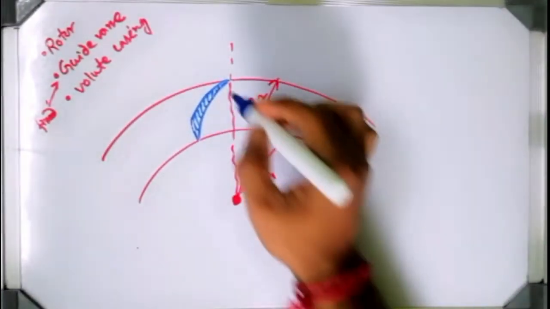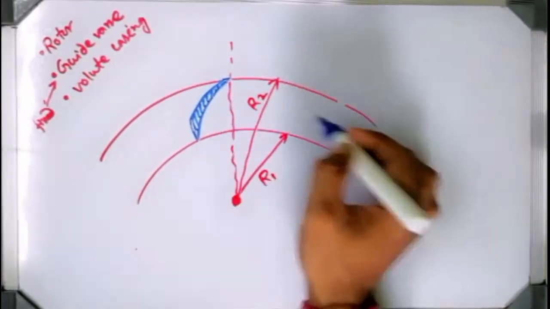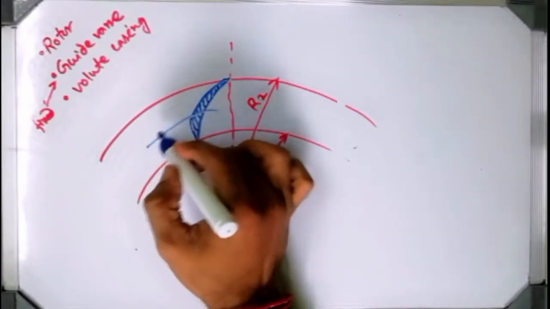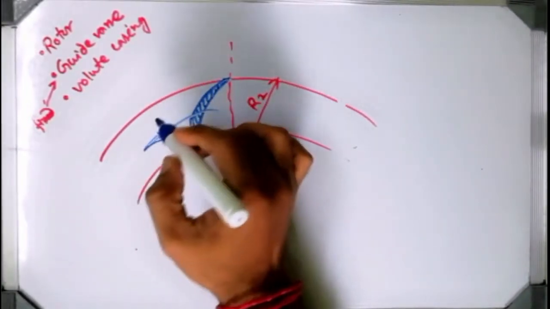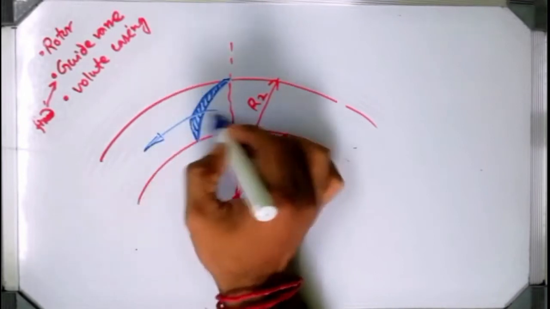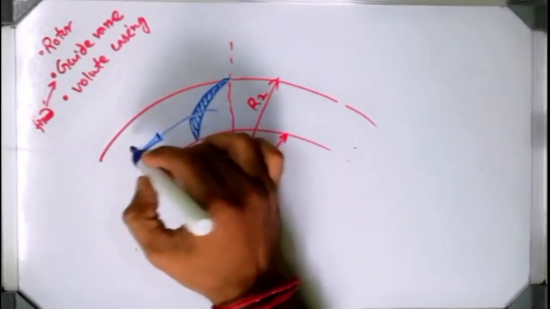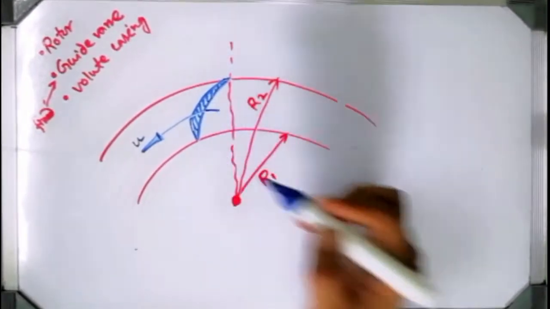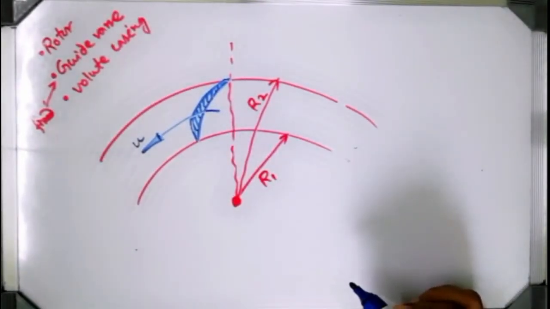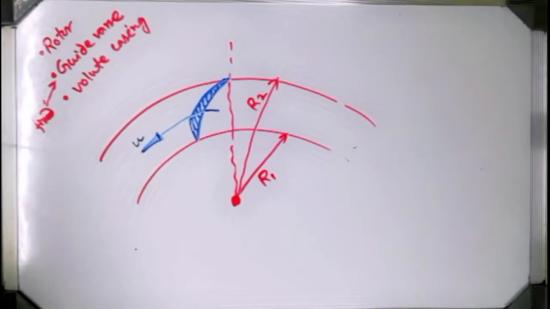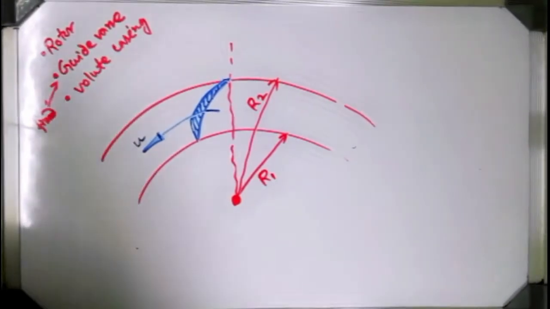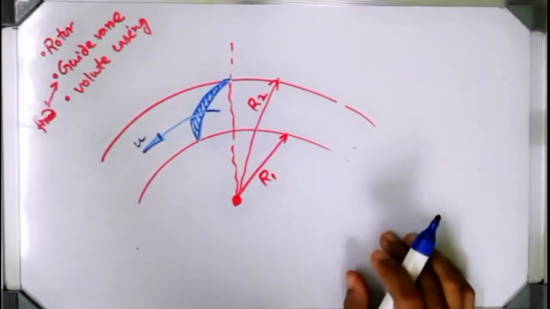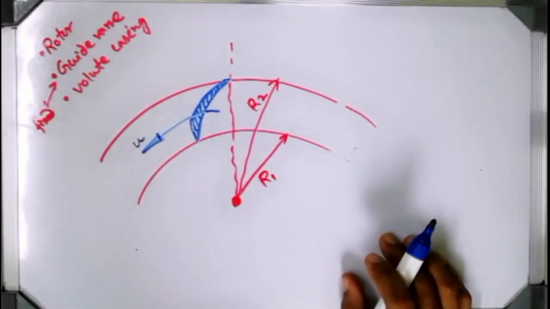Now the rotation of that particular impeller is in this direction. That means I will use the same velocity diagram notation over here, whatever I used in the case of the Pelton turbine or reaction turbine, Francis. That same notation I will use over here.